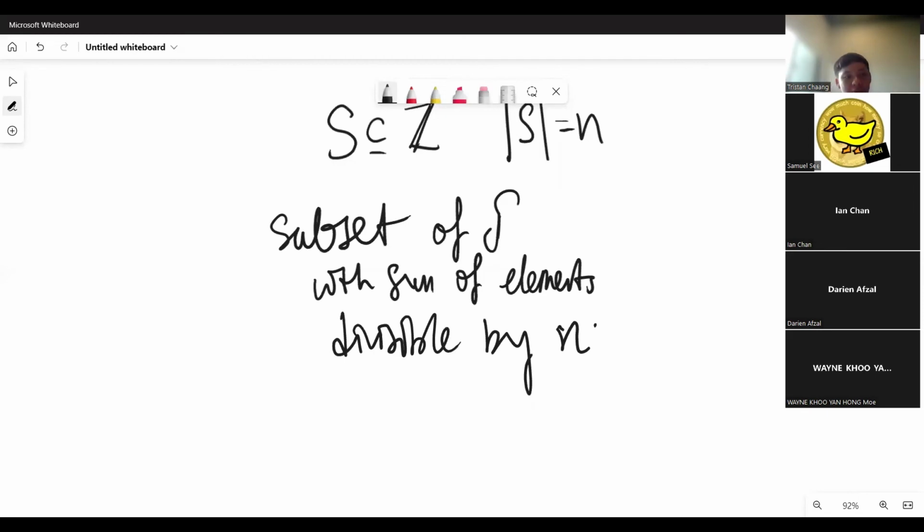Again, if you have two subsets, you cannot subtract nor add them, because if they have intersection, you cannot add them up. Find the sum modulo n and remove elements to get it to be divisible by n. But how do you remove? How do you make sure you can remove to get divisible by n? Yes, it's something to do with mod n, but you cannot take it the usual way.